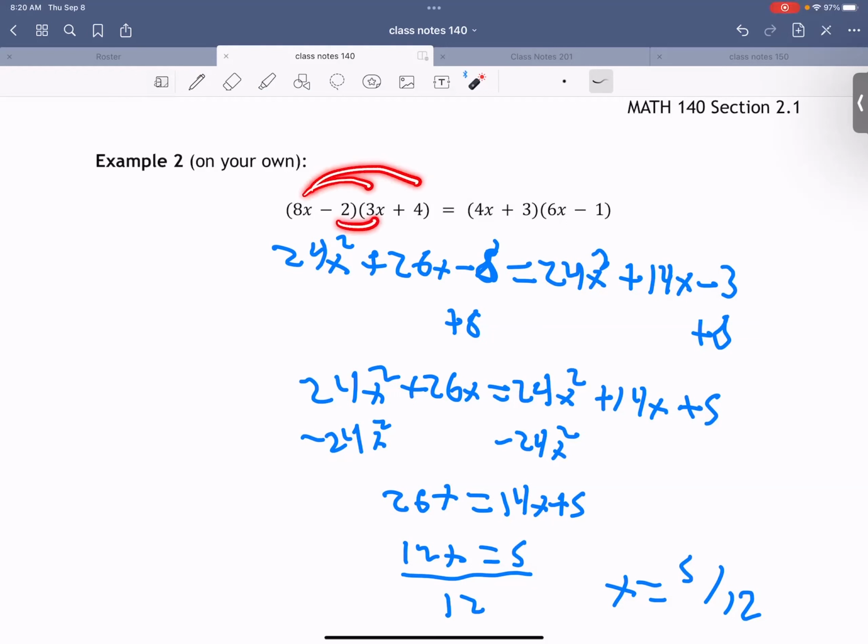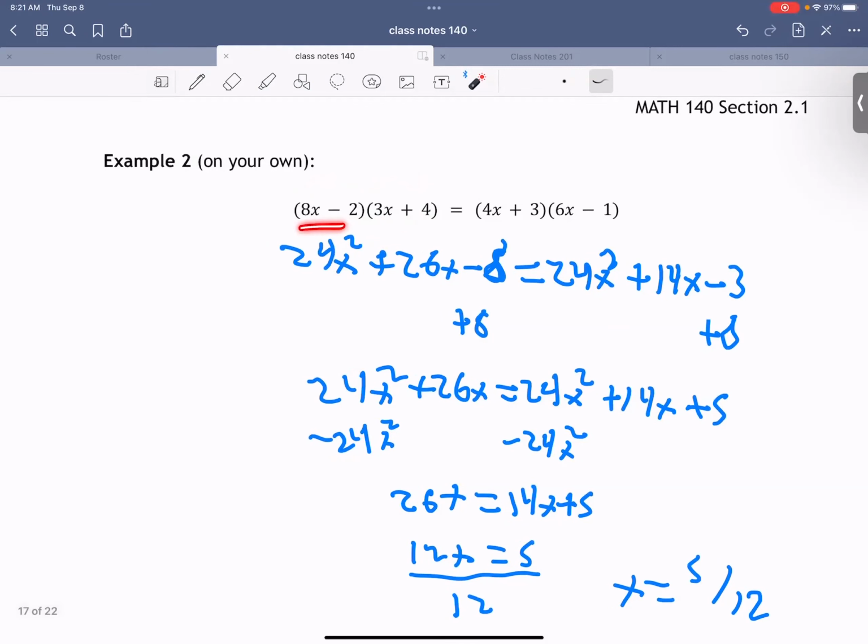The first thing Logan did was he FOILed, which meant he expanded out these multiplied terms. Unlike the last example where we had to multiply by the denominator, we don't have a denominator here. What's making things more complicated is that we have multiplied parentheses of groups of terms, right?